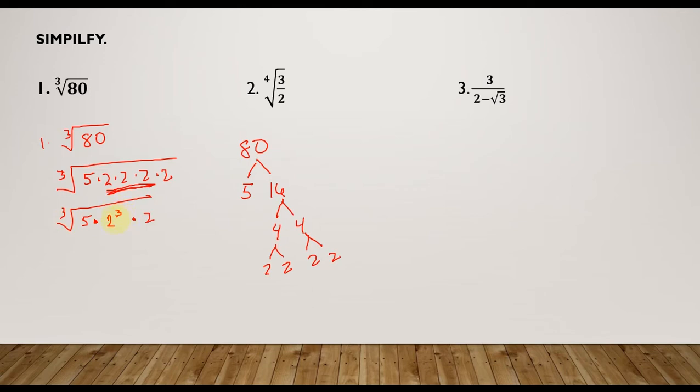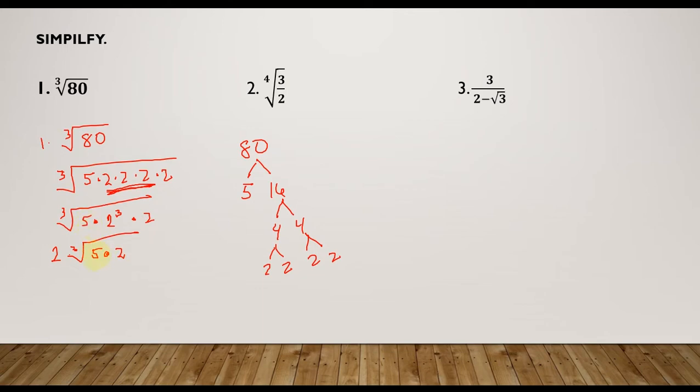If that happens, you can now remove this factor from the radical sign and put it outside, at the front. So we put this 2 outside, and there's no need to write 3 since it is the same as the index. So we're going to have cube root of 5 times 2.